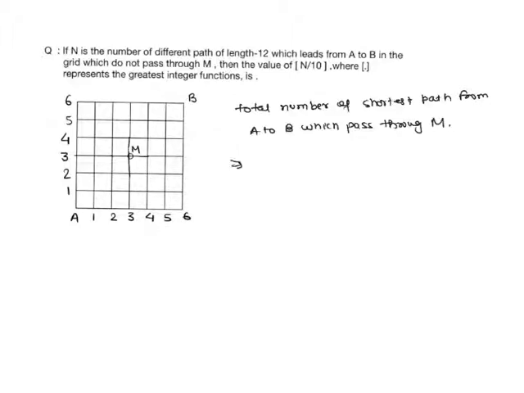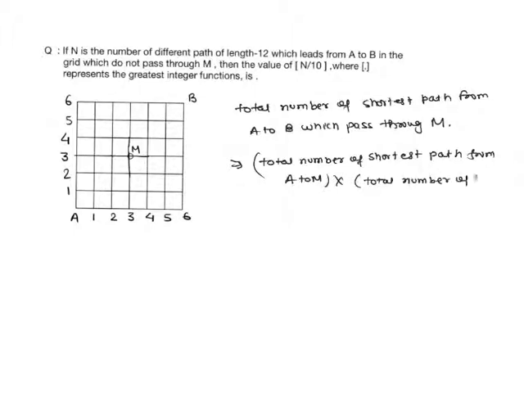So this is equal to, we can say, the total number of shortest paths from A to M into the total number of shortest paths from M to B.